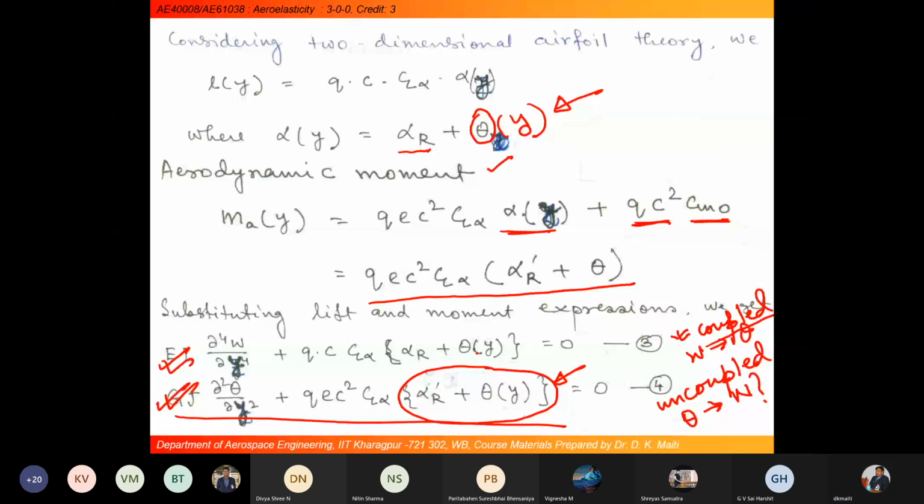Yes, sir. So you mean to say we have to solve the fourth equation first and then substitute that theta in the third equation? Yeah, first solve that. But what is the induced lift? The induced lift is coming due to this deflection.